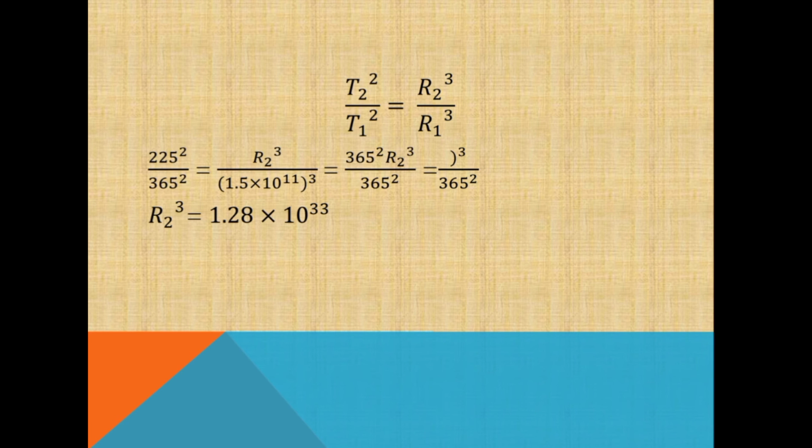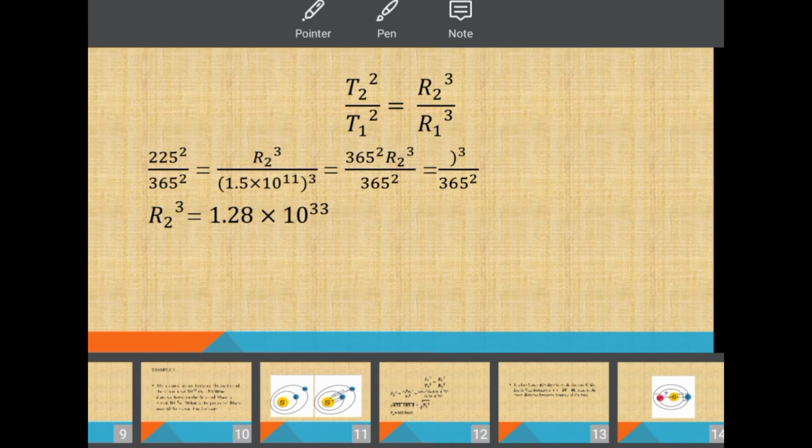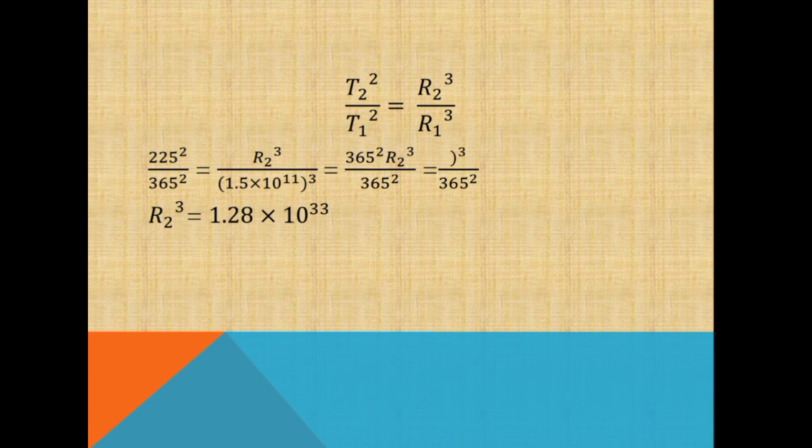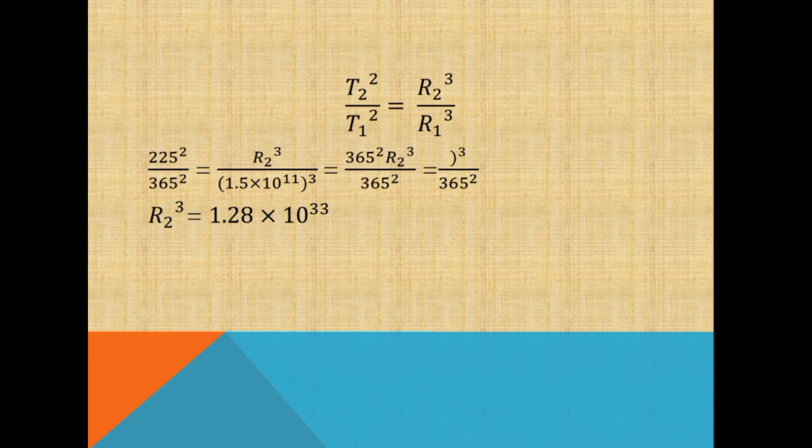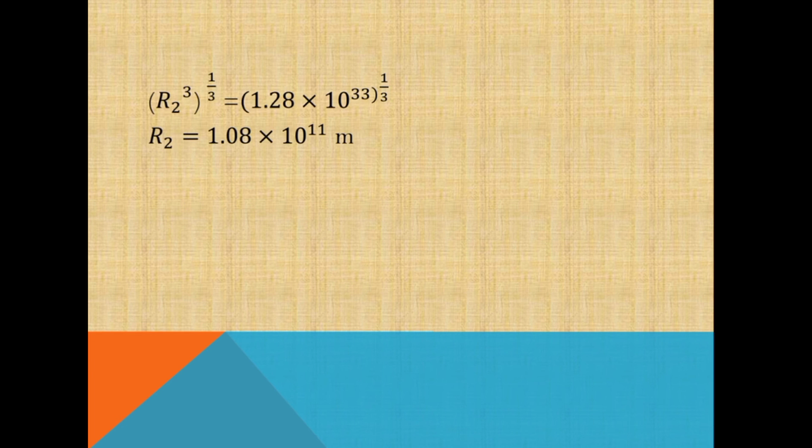So it means the distance between Venus and the Sun is equal to 1.28 times 10 to the 33. Since this is cubed, we have to remove the cube.